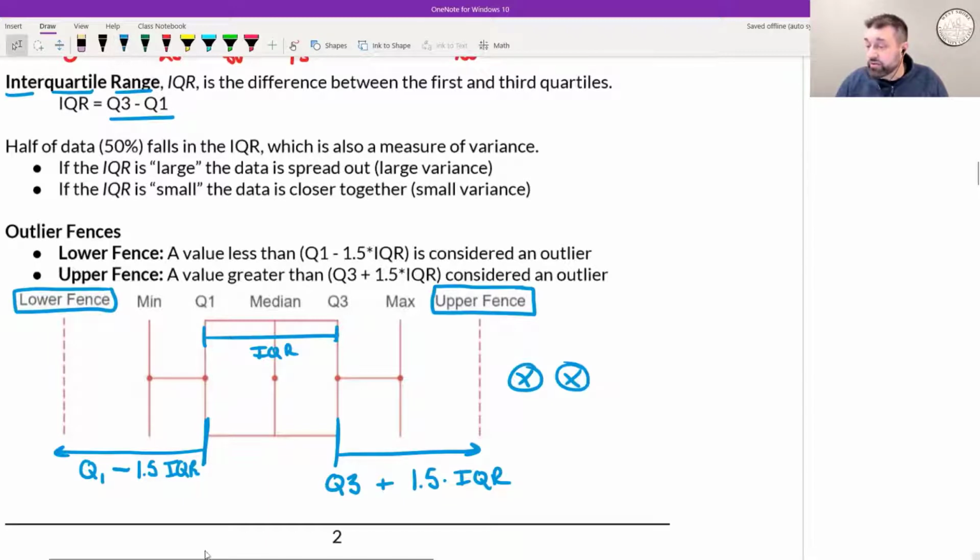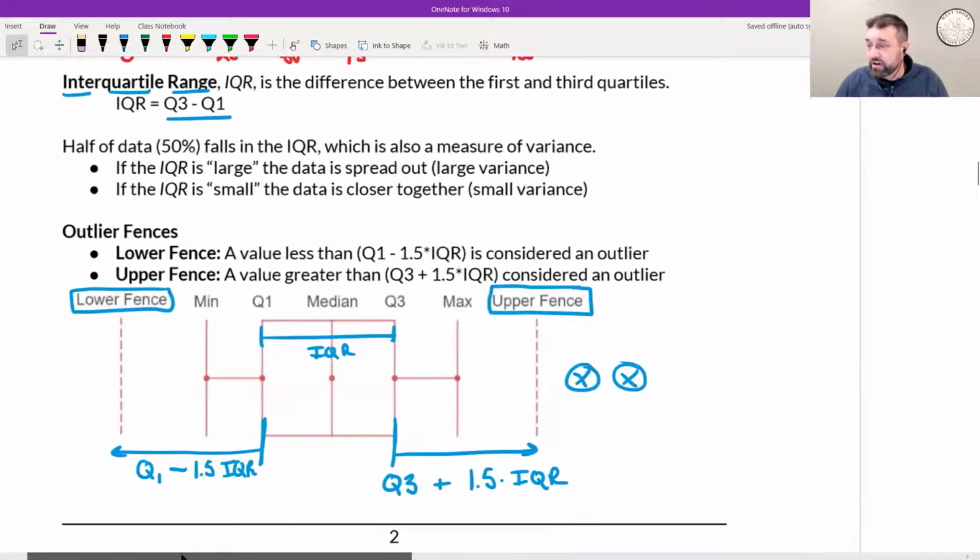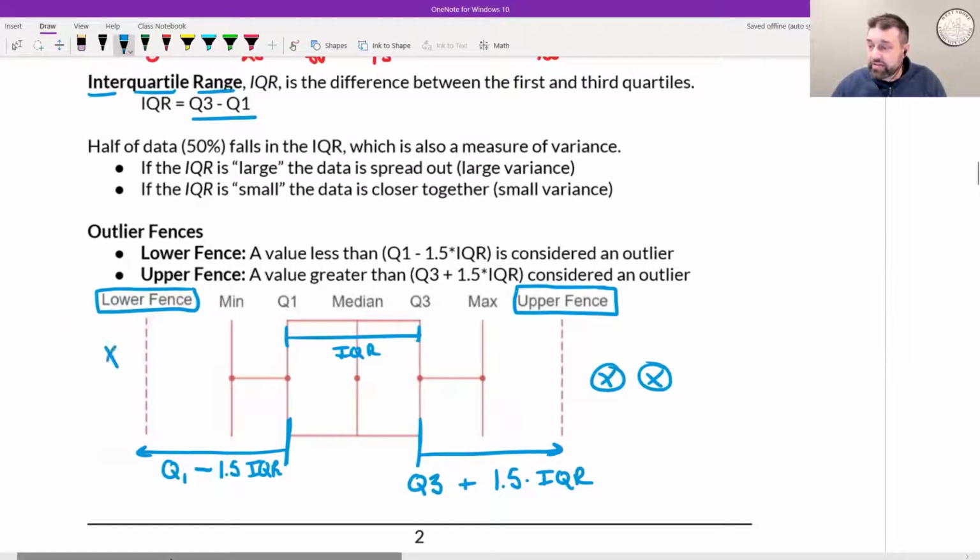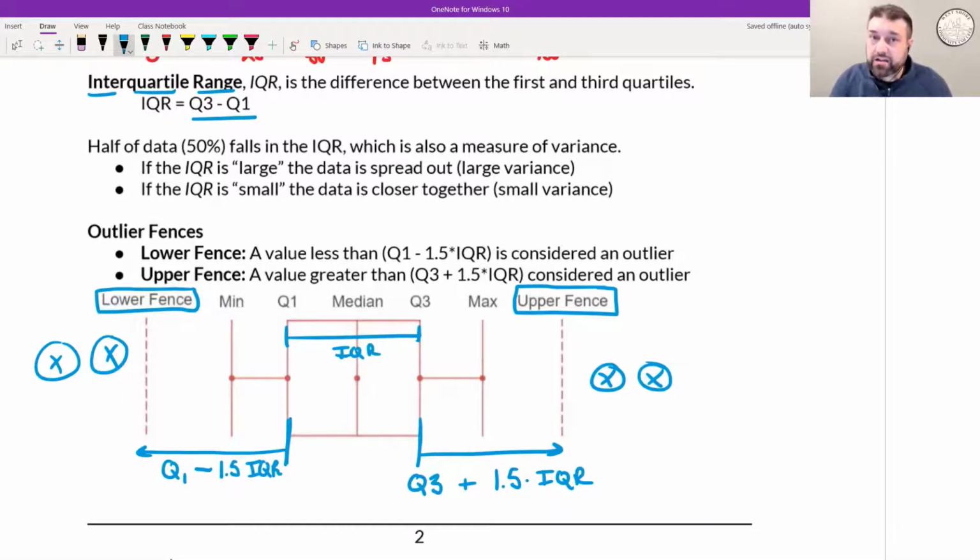Any values that are to the left of our lower outlier fence, any values out here, these are officially, mathematically outliers. And so the definition of an outlier is based on this IQR, the interquartile range, which comes from percentiles and Q1 and Q3.